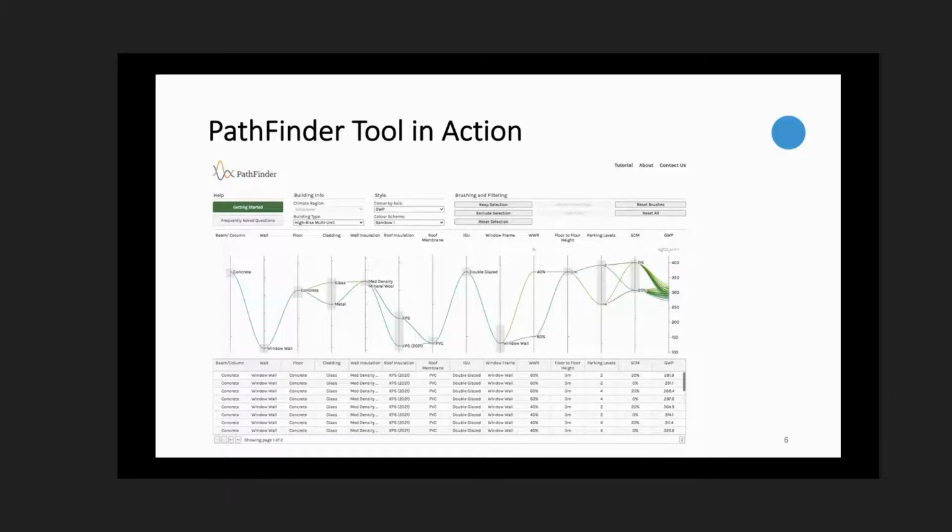But at this earlier stage, it helped us know that the designs they were considering were in the ballpark of 275 to 335 kilograms of CO2 per meter square. So we are far below the 500 that is the threshold for the zero carbon standard.